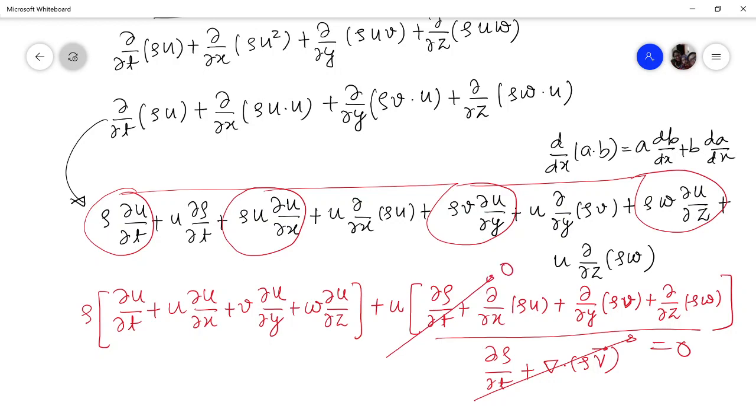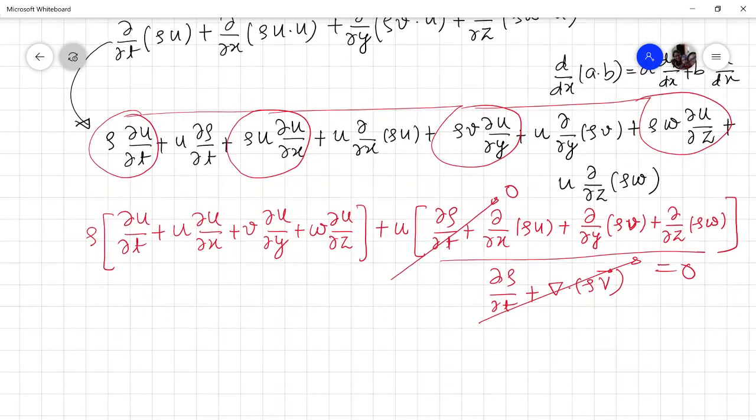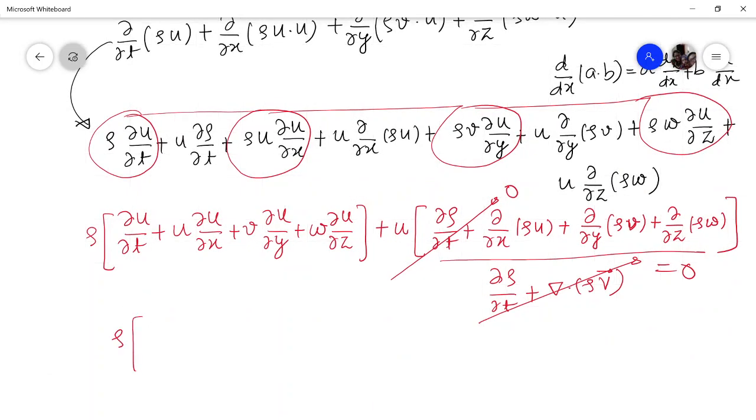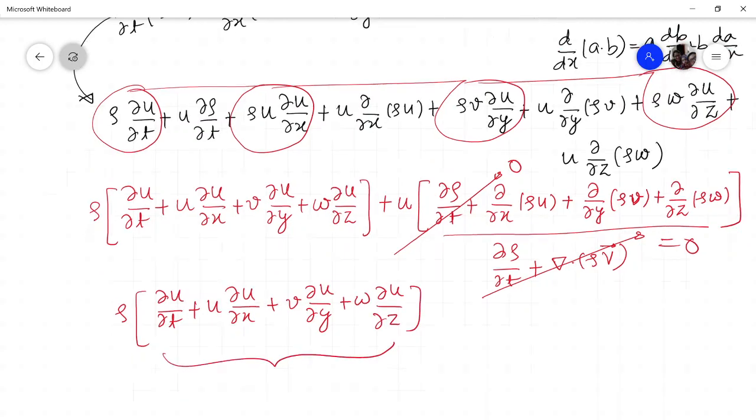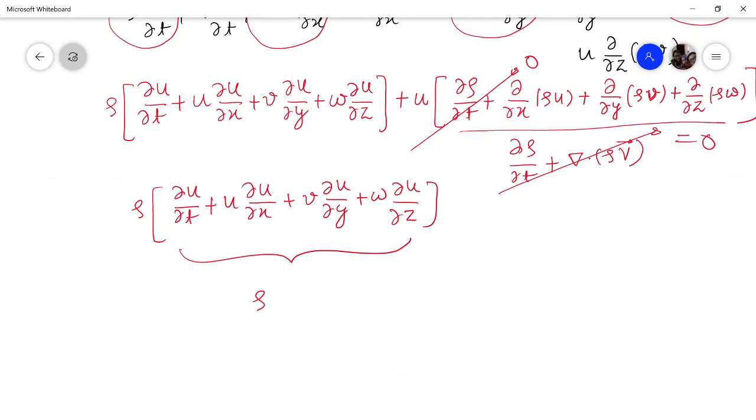Therefore, this term becomes 0 and you are only left with ρ(∂u/∂t + u ∂u/∂x + v ∂u/∂y + w ∂u/∂z), which is nothing but the substantive derivative of the x component of velocity, that is Du/Dt.